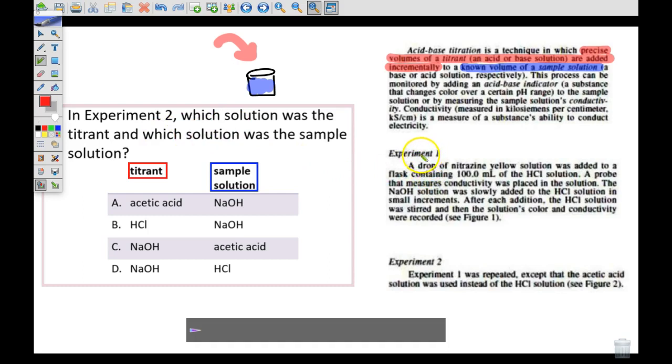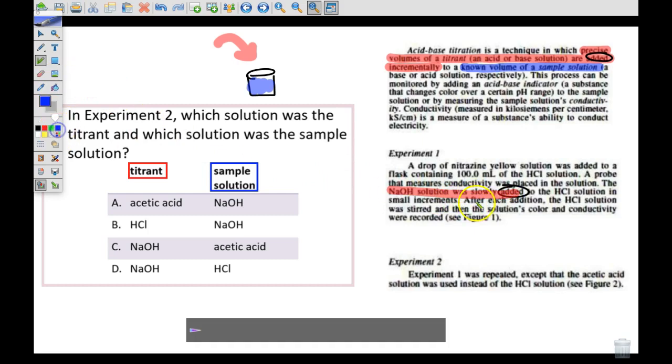So in experiment 1, it tells us that the NaOH solution, the sodium hydroxide solution, was slowly added to. So we're looking at this word added to, and because they match, that implies that the NaOH is our titrant.